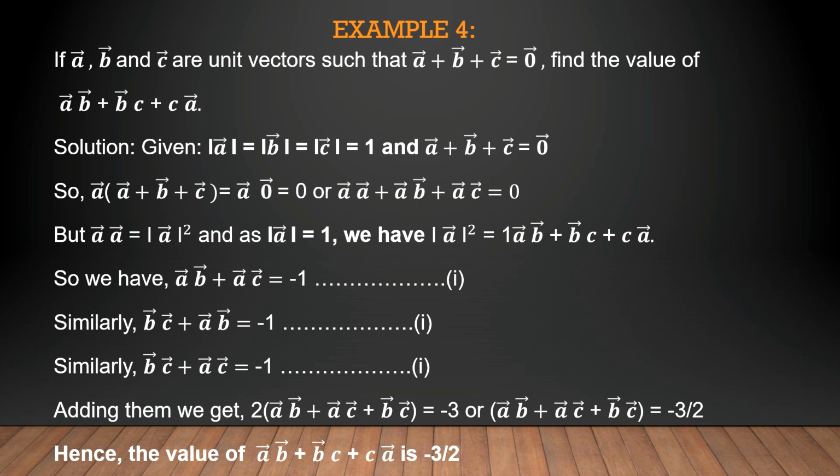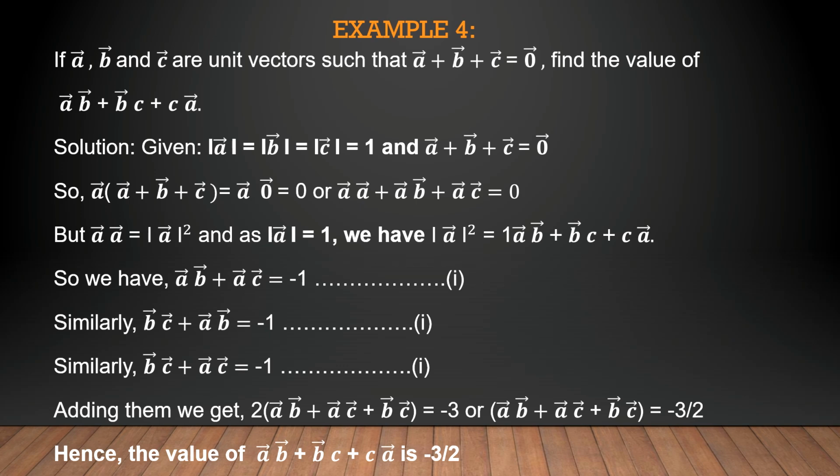Now, you can do it by any of the methods, but the easiest way of solving this example, since you want A·B, B·C, C·A, is to first multiply A plus B plus C by vector A. That means vector A dot (A plus B plus C) is equal to vector A dot the zero vector because of what is given, and that is equal to 0.